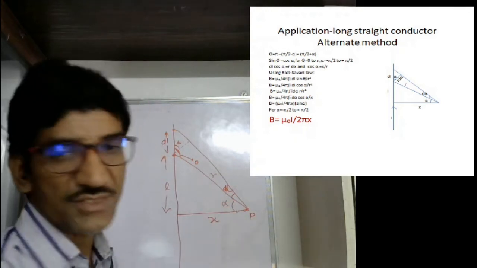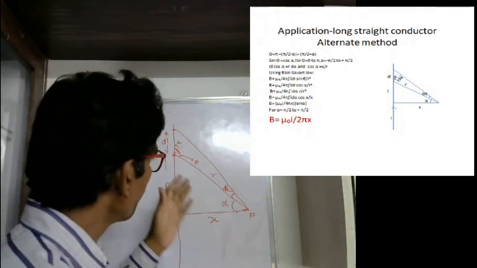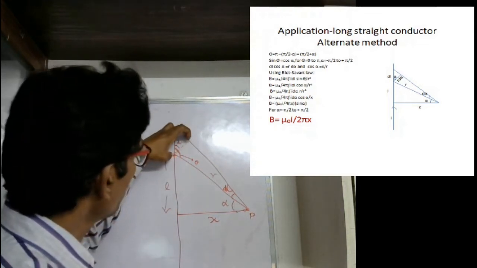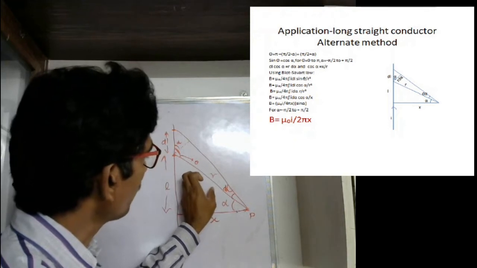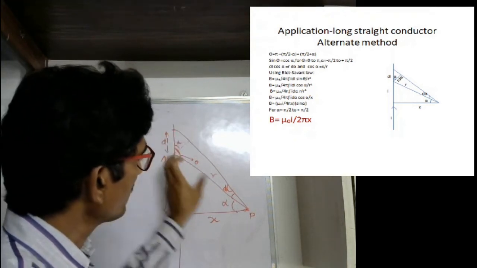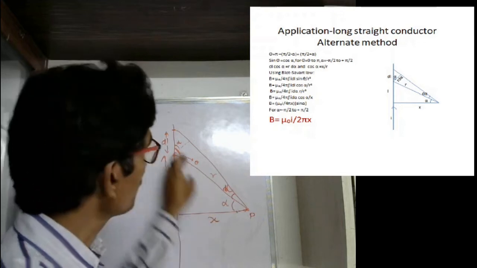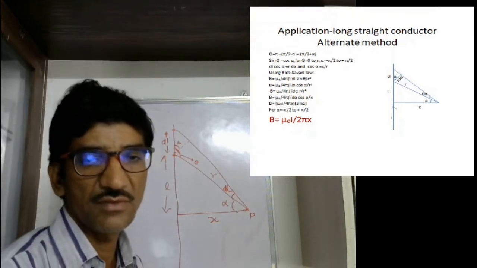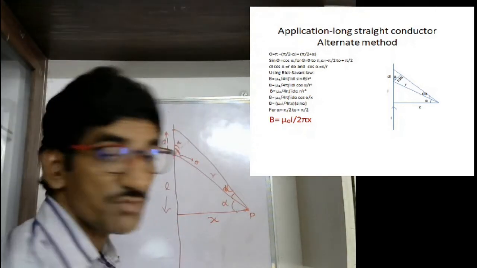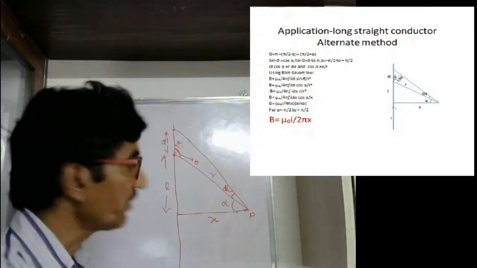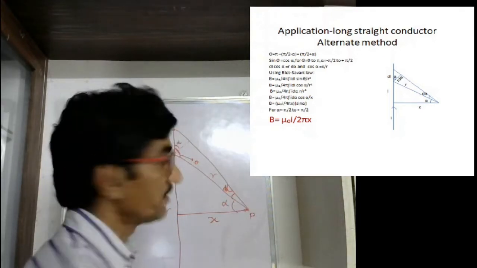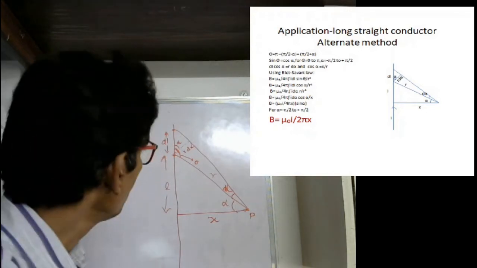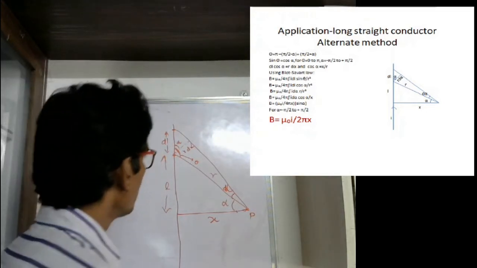Because this angle is very small. If you take tan of d alpha in this triangle, this side by r equals tan d alpha, so this side is equal to r tan d alpha. For a small value of d alpha, this side is just r d alpha.